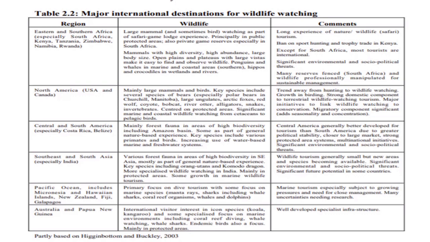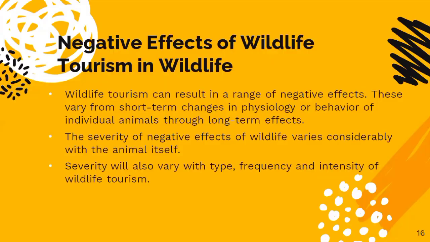Mammals with high diversity, high abundance, large body size, and open plains and places with large vistas make it easy to find and observe wildlife. Penguins and whales in marine and coastal areas in the south, and hippos and crocodiles in wetlands and rivers. The next.